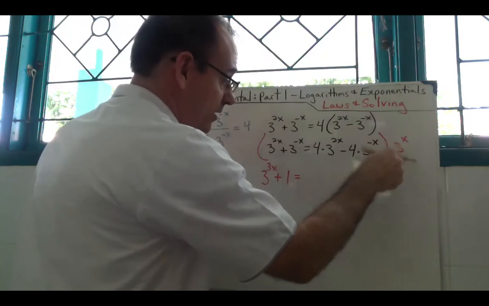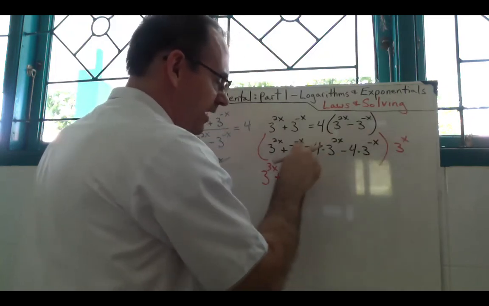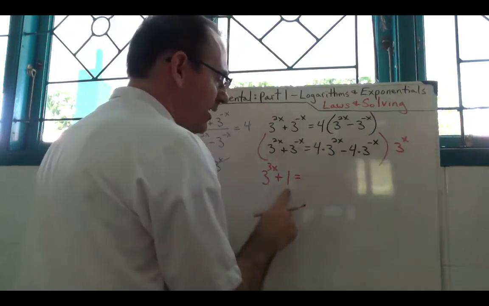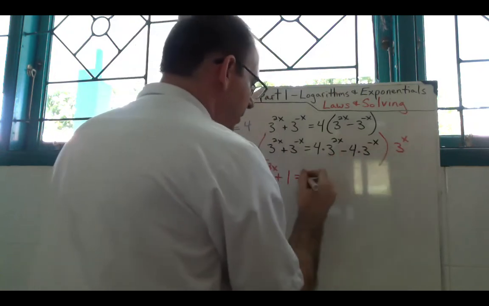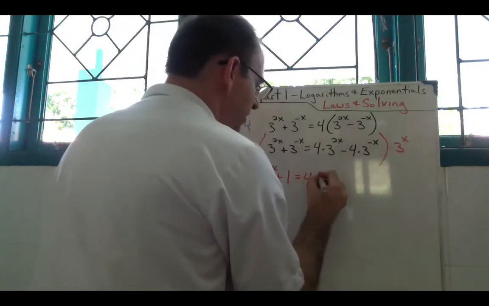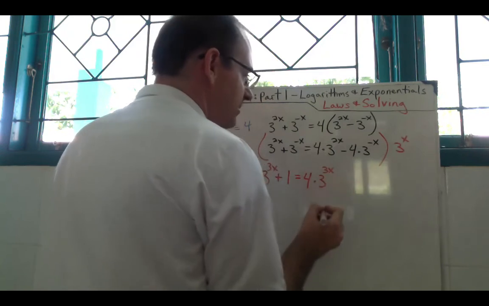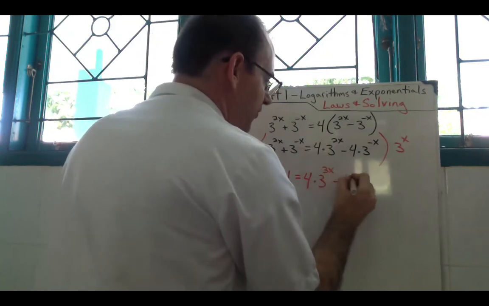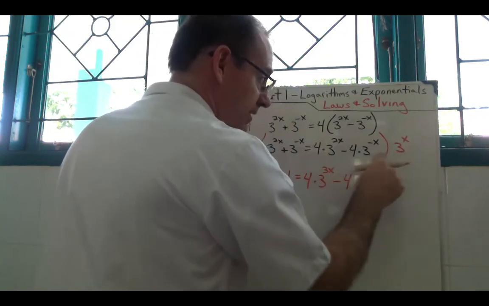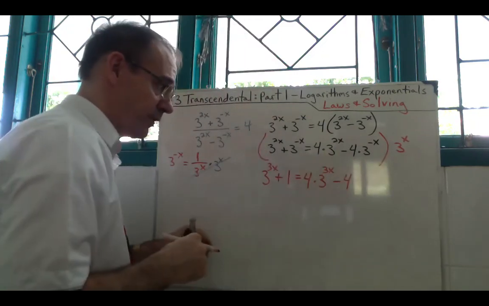So this times this, x plus negative x is 0, 3 to the 0 is 1. Times here, we get 4 times 3 to the 3x minus 4, because this again cancels out and just leaves us with the 4.